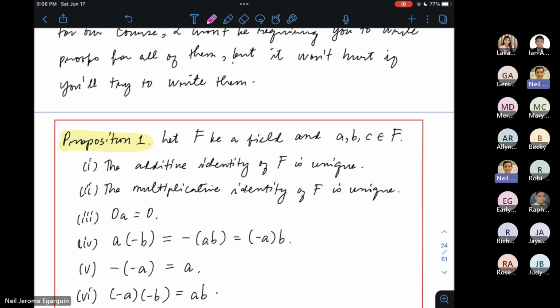Kasi halimbawa, tingnan niyo yung property number 3. Sa proposition 1.3, 0 times an element of the field is equal to 0. And you'll be thinking, bakit pa kailangang i-prove ito? Ang 0 times a number, alam ko na naman yan na ay laging 0. Hindi nyo tinanong yung elementary teacher nyo kung bakit ang 0 times 1 ay 0.